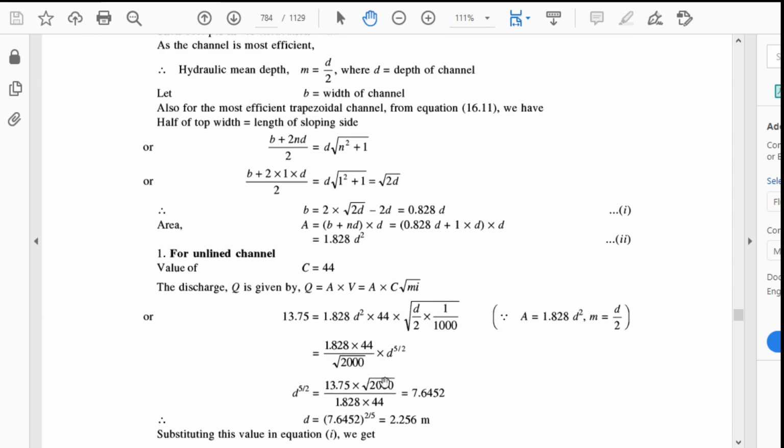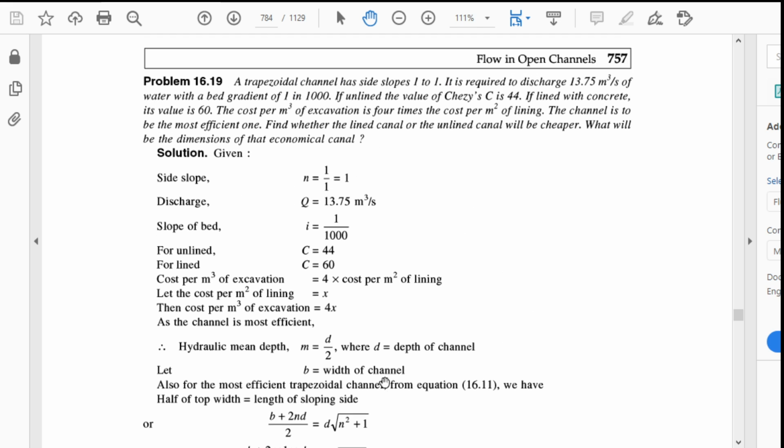This is a very frequently asked question for your final paper. A trapezoidal channel has side slopes 1 to 1. They have given side slopes, that means n is 1 to 1, one horizontal to one vertical.